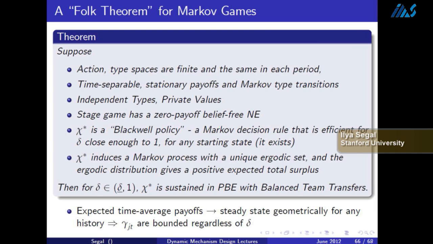What ergodicity gives you is that the expected time average payoffs will converge geometrically fast to the steady state, regardless of the history, and that will ensure that the current reports have a bounded effect on the incentive payments. The incentive payments are bounded, regardless of delta, and that will ensure that agents are not tempted to renege on the incentive payments.